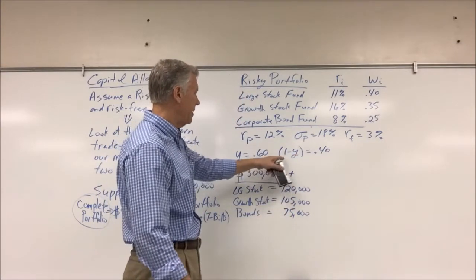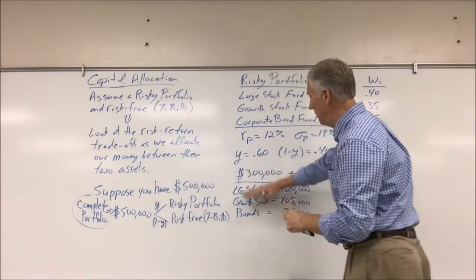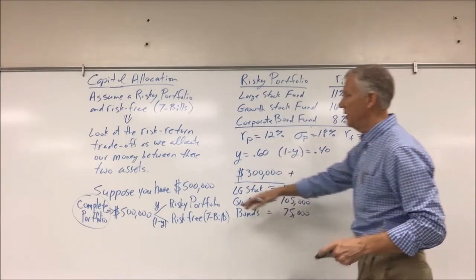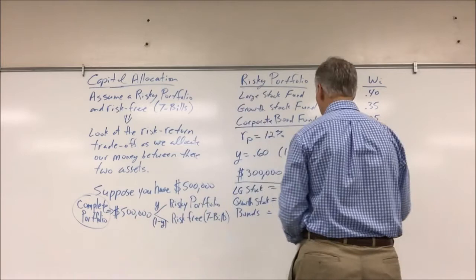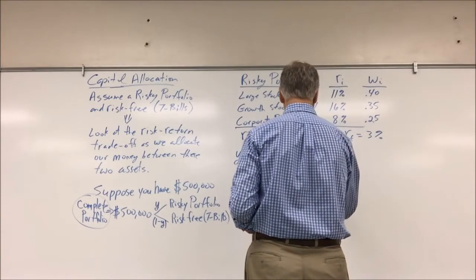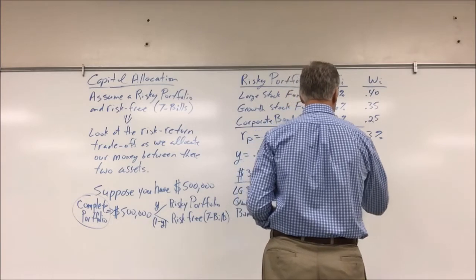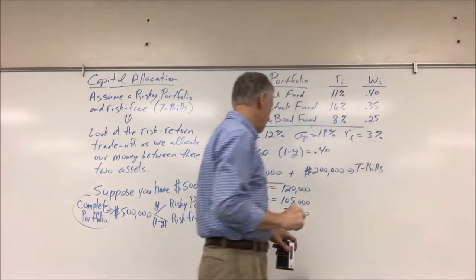And what amount went into T-bills? The remaining amount: 60% went into the risky asset, which means 40% goes into T-bills. So T-bills is going to be 40% of the total, which is equal to $200,000.